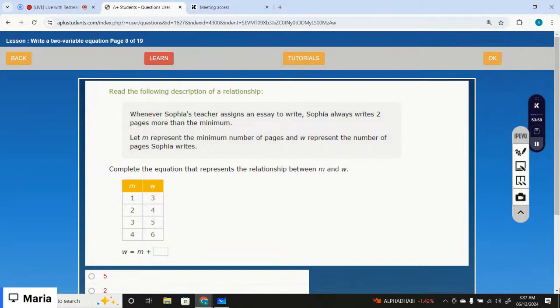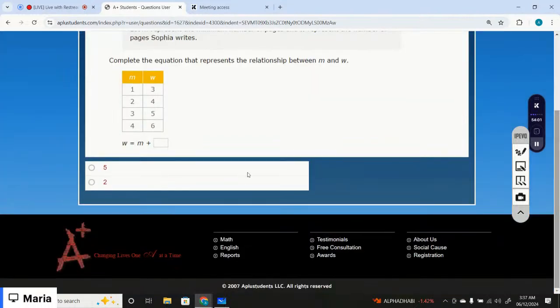Complete the equation that represents the relationship between M and W. So which is the correct option?